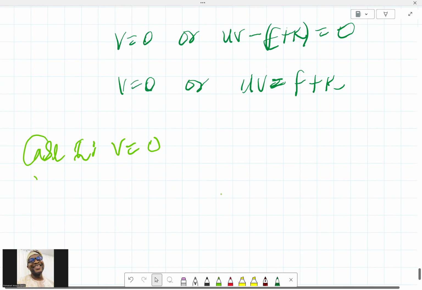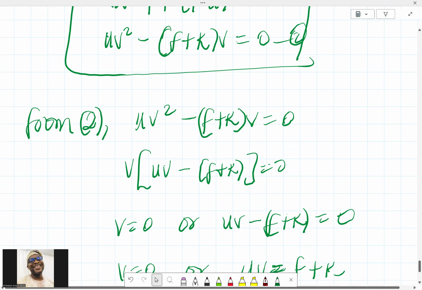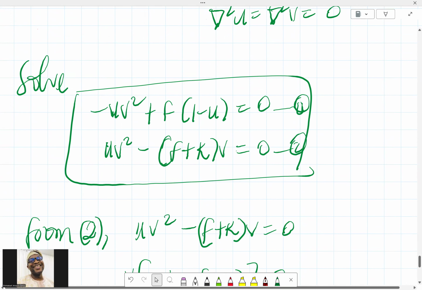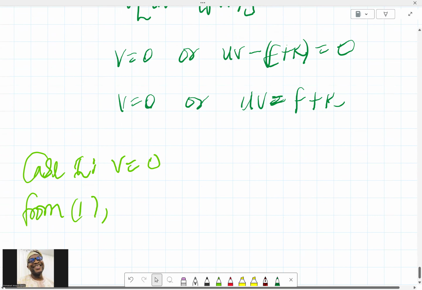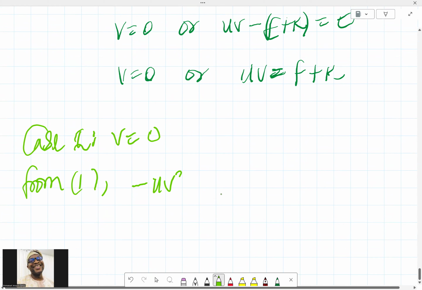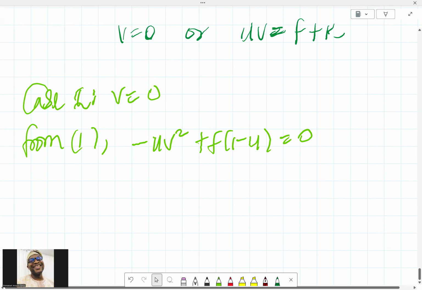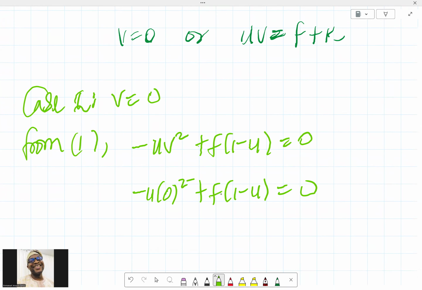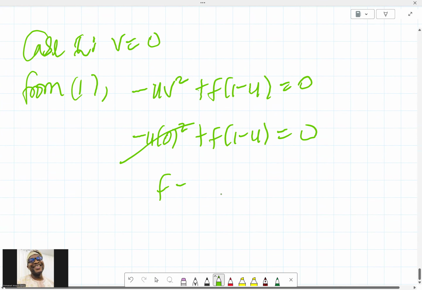So in this case now, from equation 1, we have minus uv squared plus f into 1 minus u equals 0. But we have v to be 0, so that means we have minus u into 0 squared plus f into 1 minus u equals 0. So this goes, and we just have f minus fu equals 0.